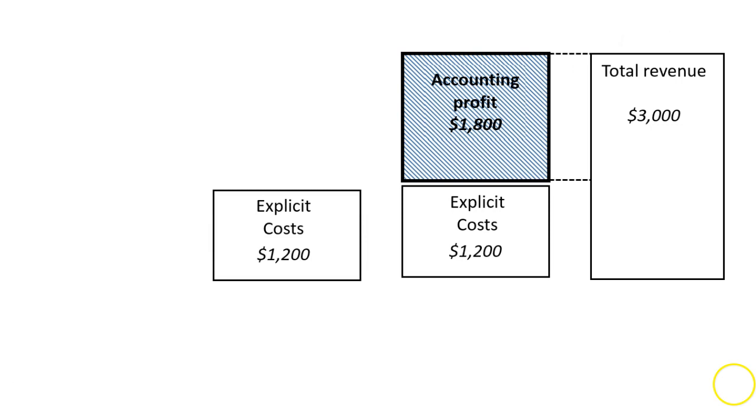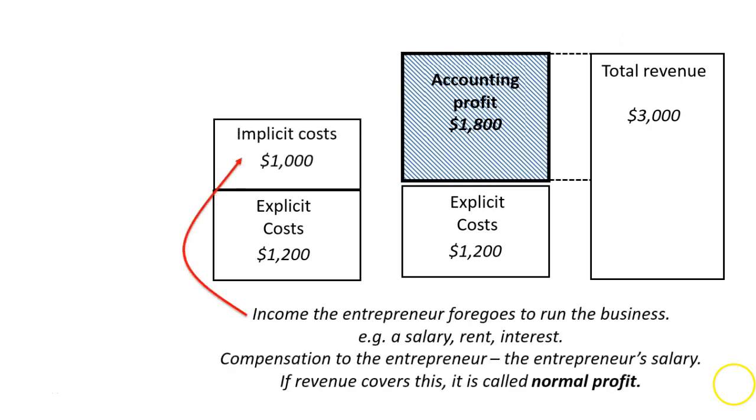Again, we start off with the same explicit costs. You still have to pay the wages and rent and interest payments, raw material payments. But in addition to that, the economist wants to say that there are implicit costs as well. And let's say the implicit costs are $1,000 per week. What does implicit costs mean?